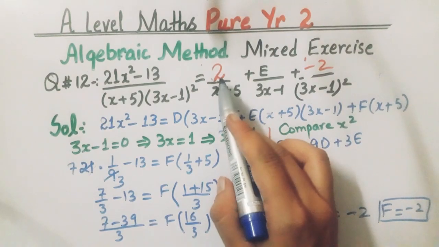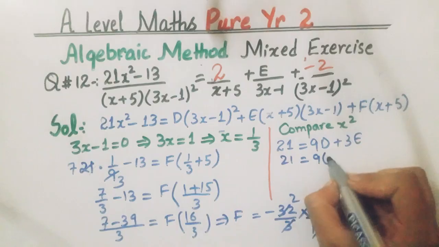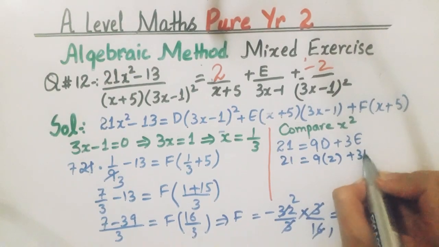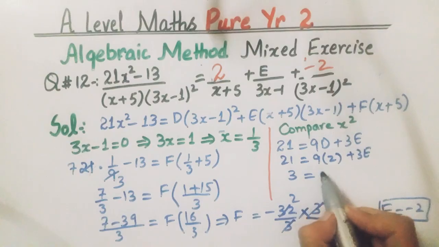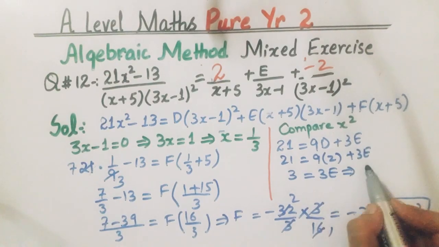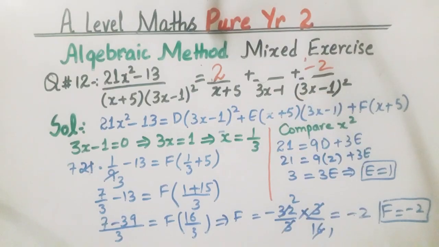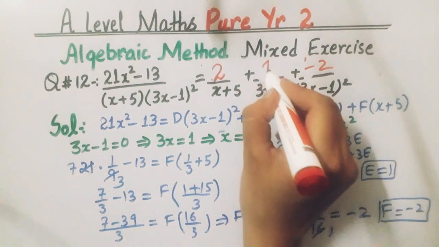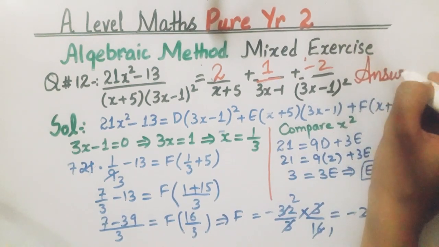So d value is 2, so substitute the value of d in this equation, plus 3e. 21 minus 18 will be 3 equals 3e, which implies that e equals 1. So substitute the value of e, this will be 1. So this is the final answer.